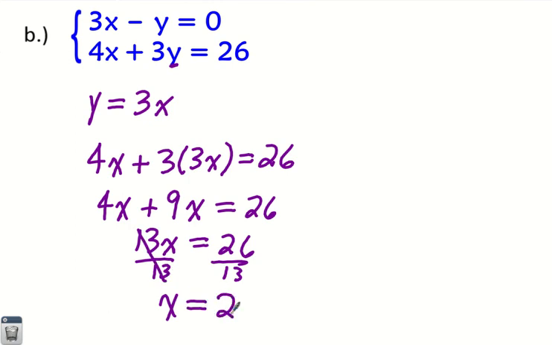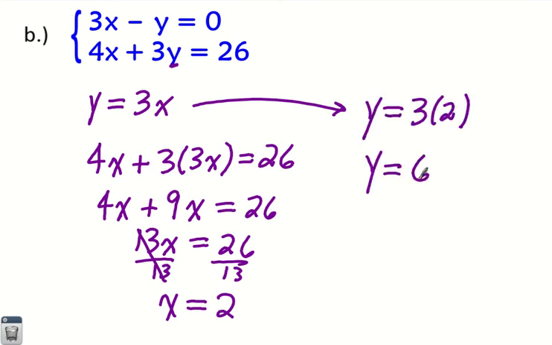So x equals 2. And so y literally equals 3 times x. I now know that x equals 2. So y equals 6. All right? And so you can summarize, of course, your final answer as 2, 6.